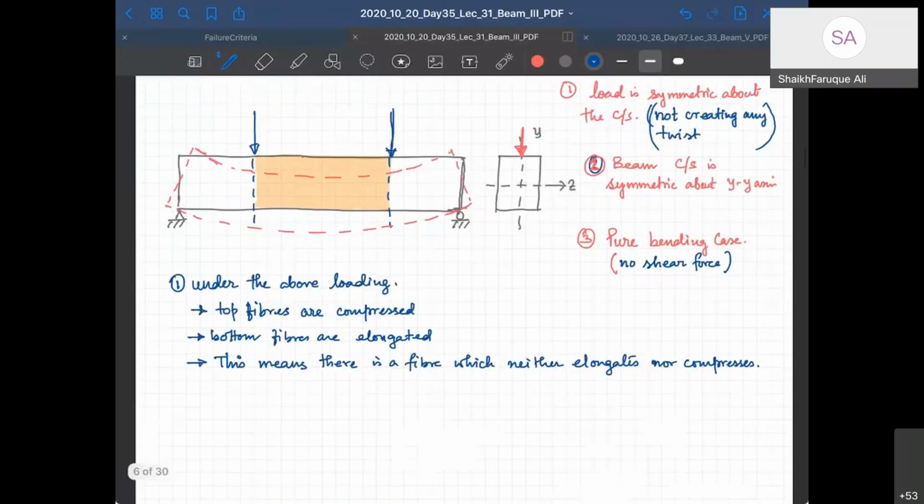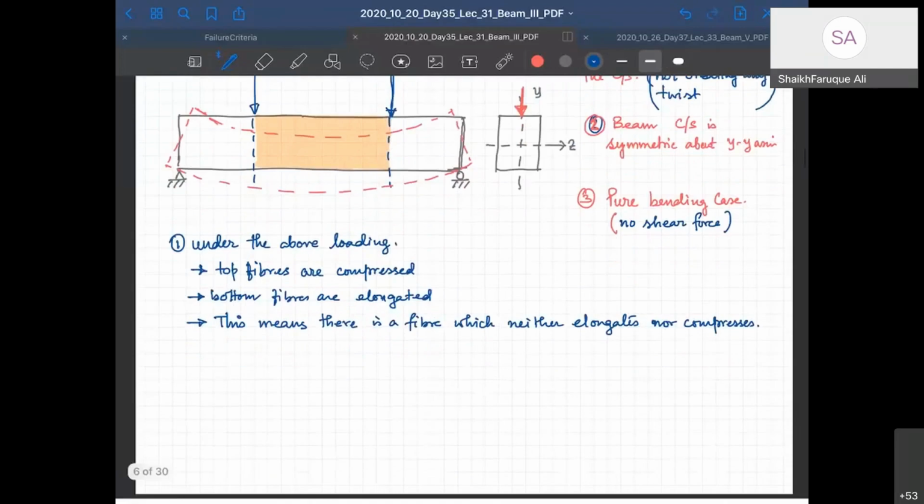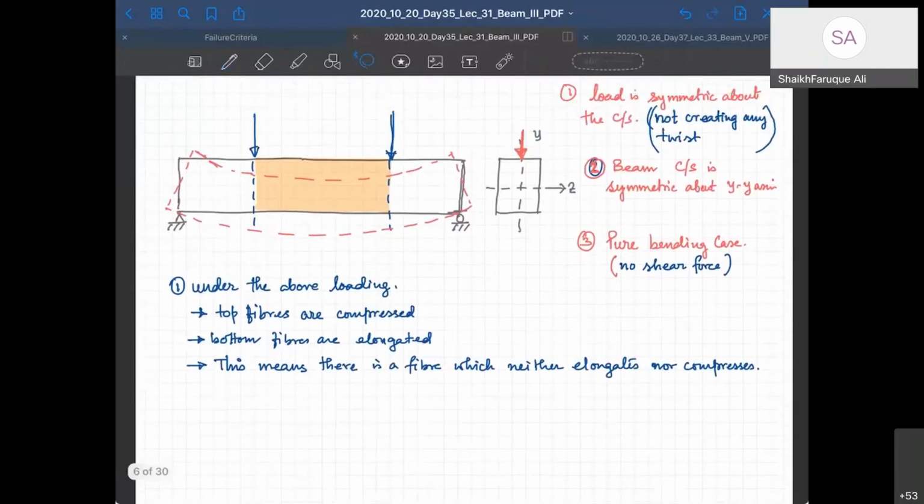Okay, let me draw the picture again and see whether our understanding is clear or not.